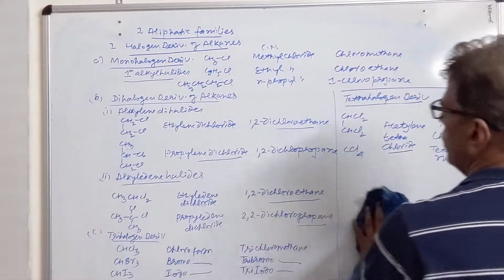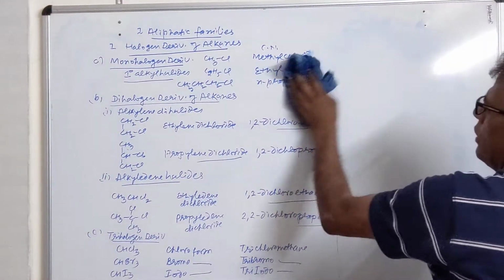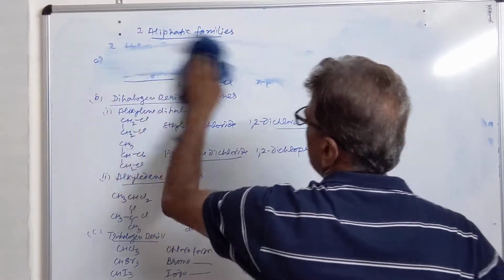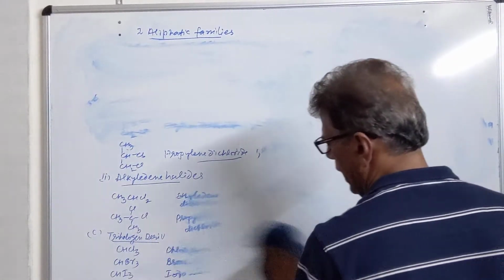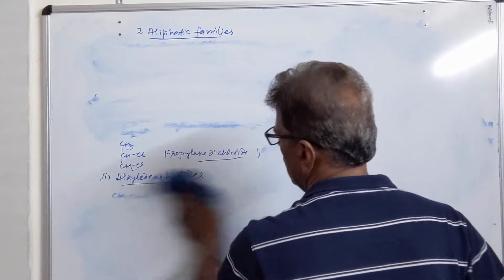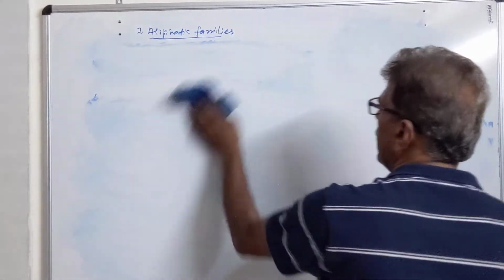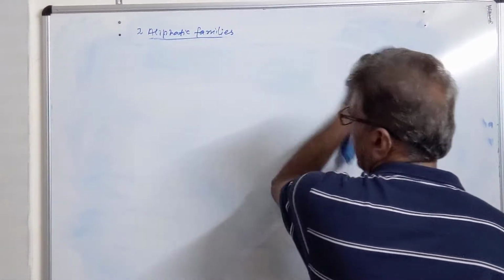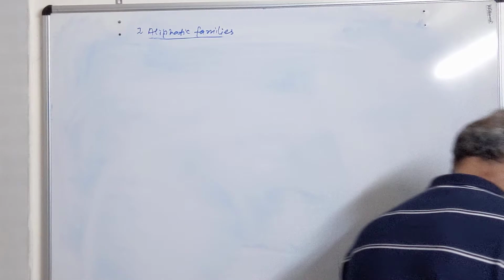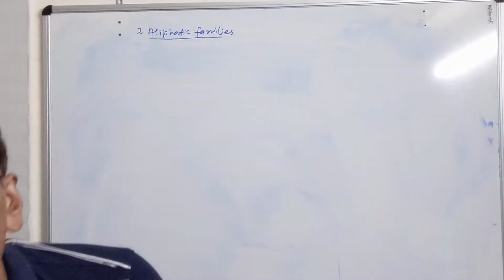Now we come to the second class, that is alcohols. Alcohols are the derivatives of alkanes having the OH group as a functional group. They are also monohydric, dihydric and trihydric. Monohydric alcohols are again of three types: primary, secondary and tertiary alcohols.